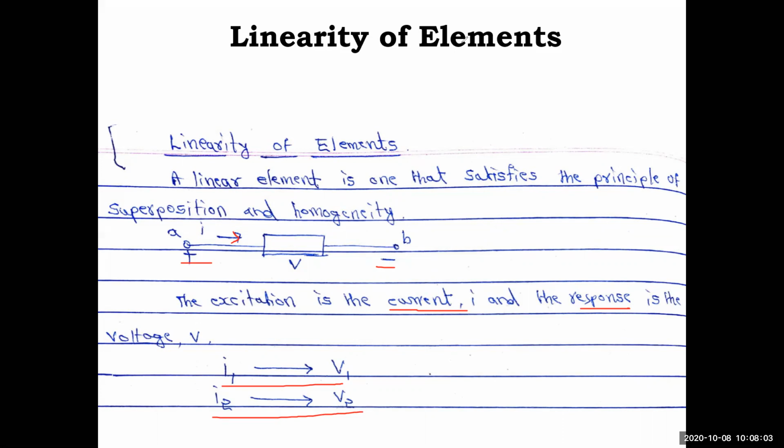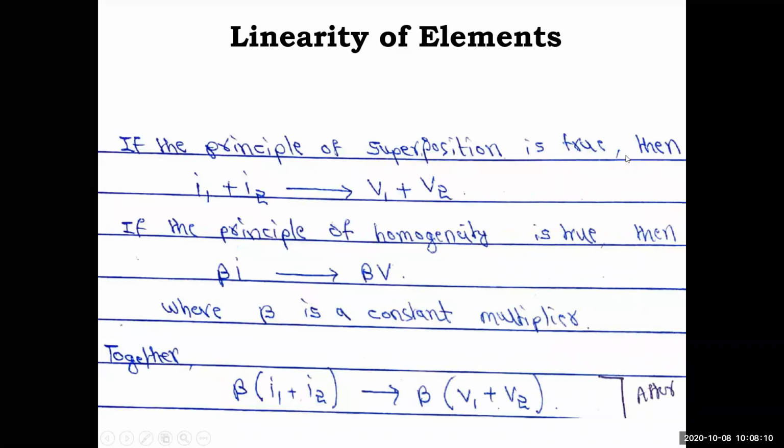Now we apply the superposition and homogeneity principle. If the principle of superposition is true, then the algebraic sum of excitations should give the algebraic sum of responses. That is, I1 plus I2 should give you V1 plus V2. For homogeneity, it should be scaled: if the excitation is scaled by some factor, the response should be scaled by the same factor.